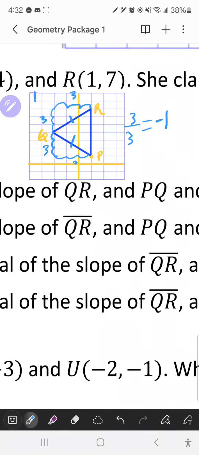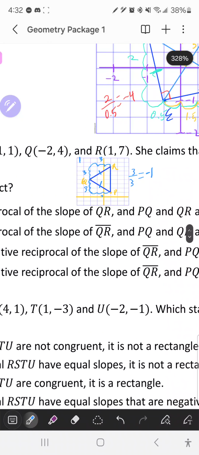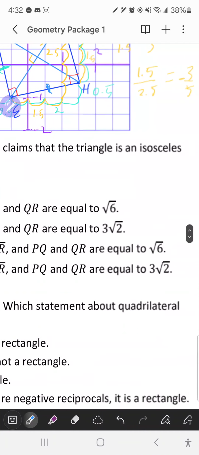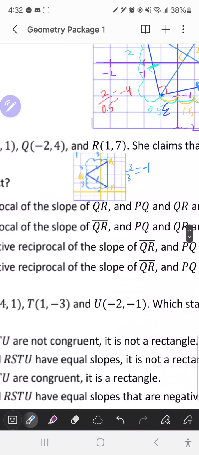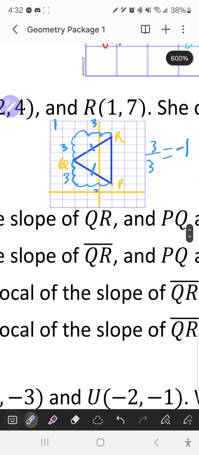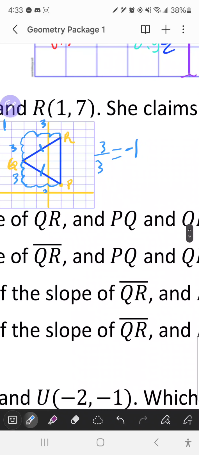So it is a negative reciprocal, like PQ is a negative reciprocal of QR. And now PQ and QR are equal, we need to calculate the distance, the length of the side. Since they are equal, I can use whichever point I like.